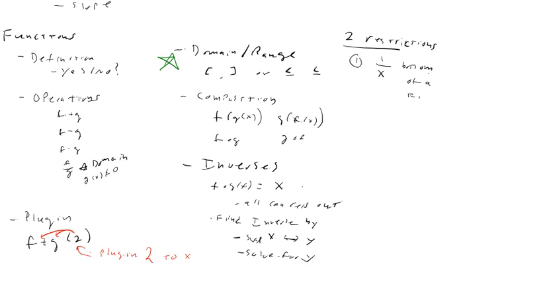And that cannot equal 0. Not allowed to equal 0. That was our first type of restriction where we have a fraction. Second type of restriction for the domain range is a square root. And the restriction for that is that x has to be greater than or equal to 0. Those are our two restrictions for domain range. So I'll go over an example there.